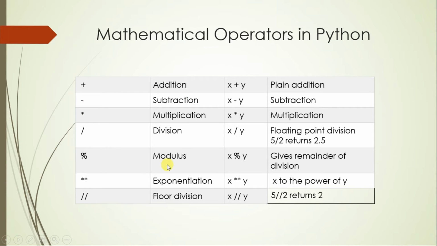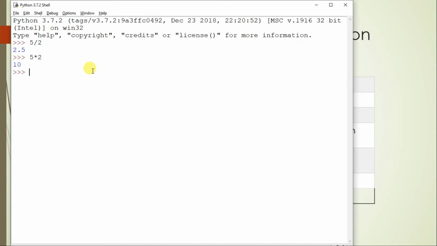The modulus operator performs the division of two numbers and returns the remainder. So let's say 15 divided by 3, which is actually a whole division. So let's choose 17 mod 3. It returns 2. So 17 divided by 3, the answer would be 5 and the remainder is 2. Three 5s are 15, plus 2 is 17.